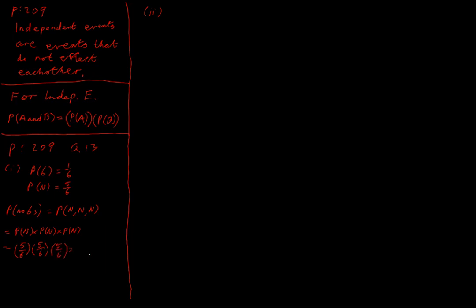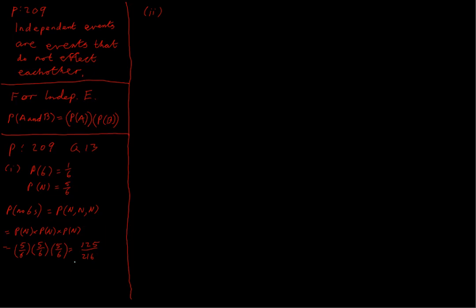When you put that in your calculator, you get 125 out of 216. So the probability of getting no sixes at all is going to be probability of not a 6 multiplied by not a 6 multiplied by not a 6.